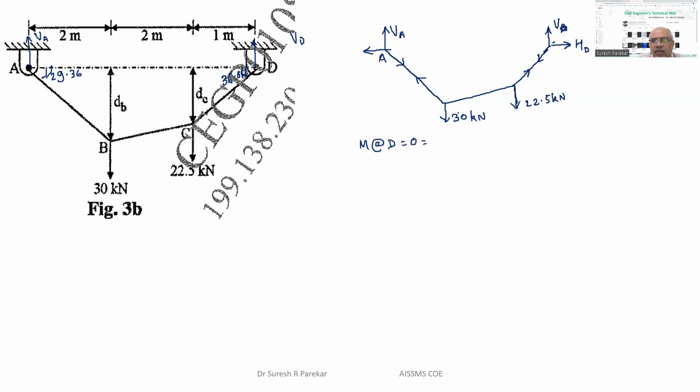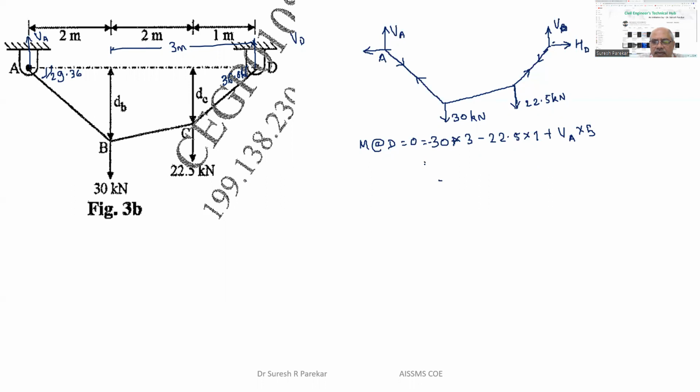We have 30 into 3 meters, minus, because anticlockwise, 22.5 into 1, plus VA into 5, that is 0.